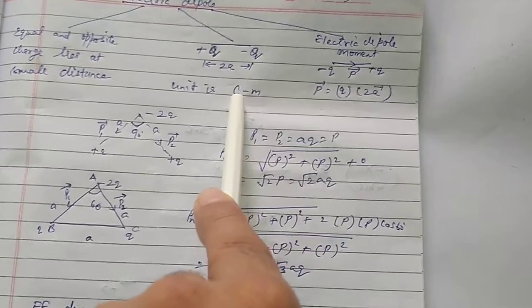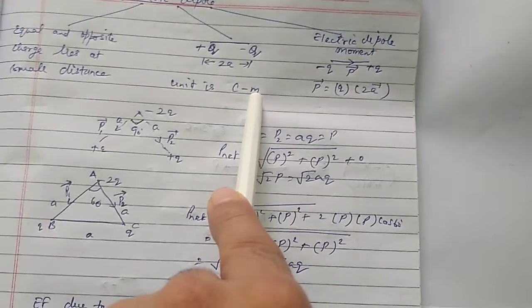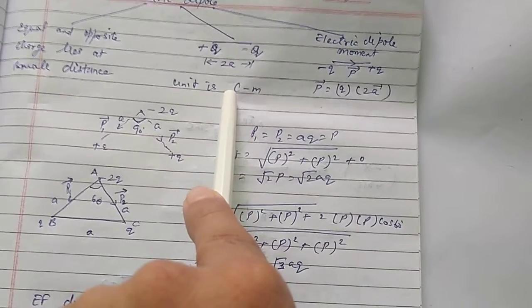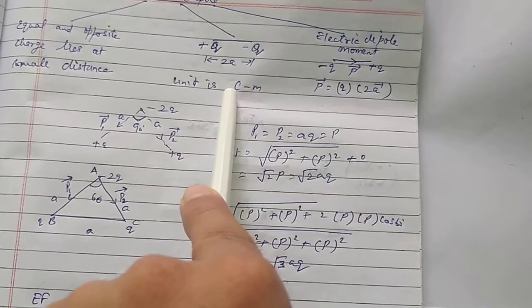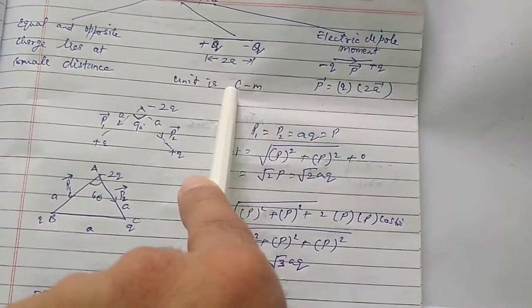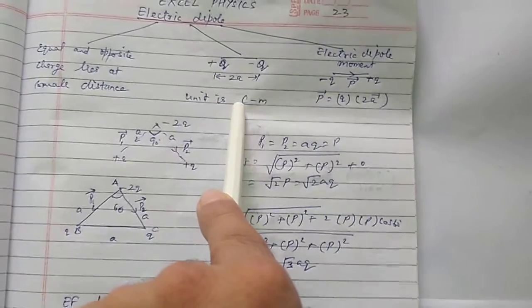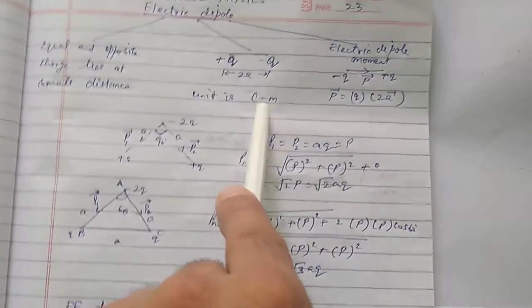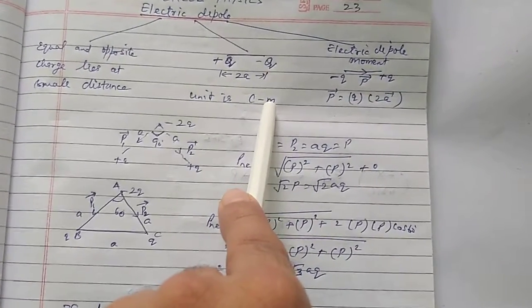Therefore I have to write in this manner. Instead of writing M here, if I write M as a prefix before C, it will be read as millicoulomb. So that has to be avoided. The unit of dipole moment is coulomb meter.